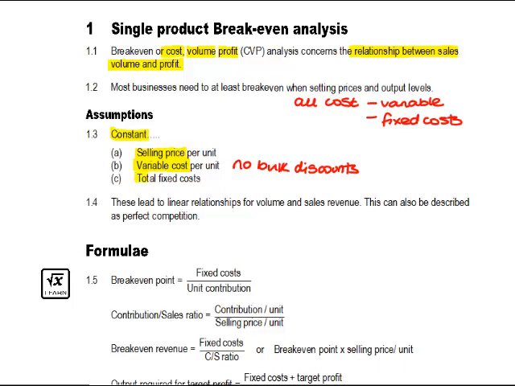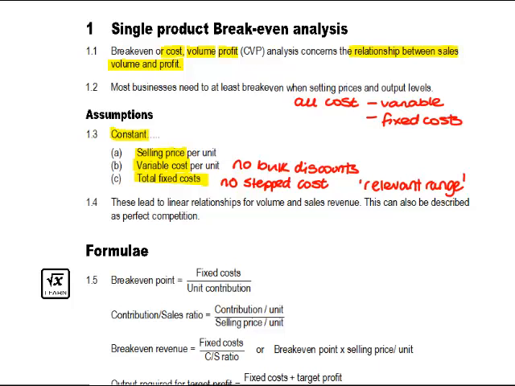And the fixed costs in total are also going to remain constant. So there are no stepped costs, and at all levels in what we call the relevant range, the fixed cost is going to be the same.